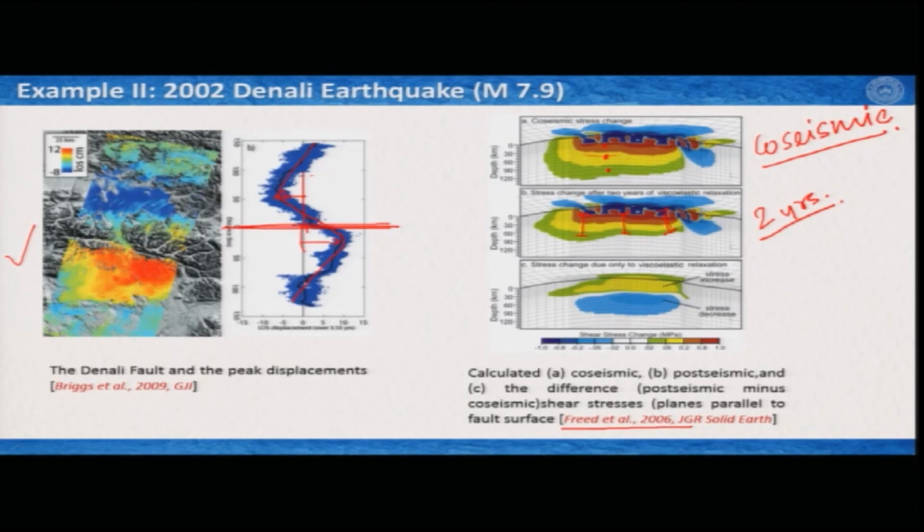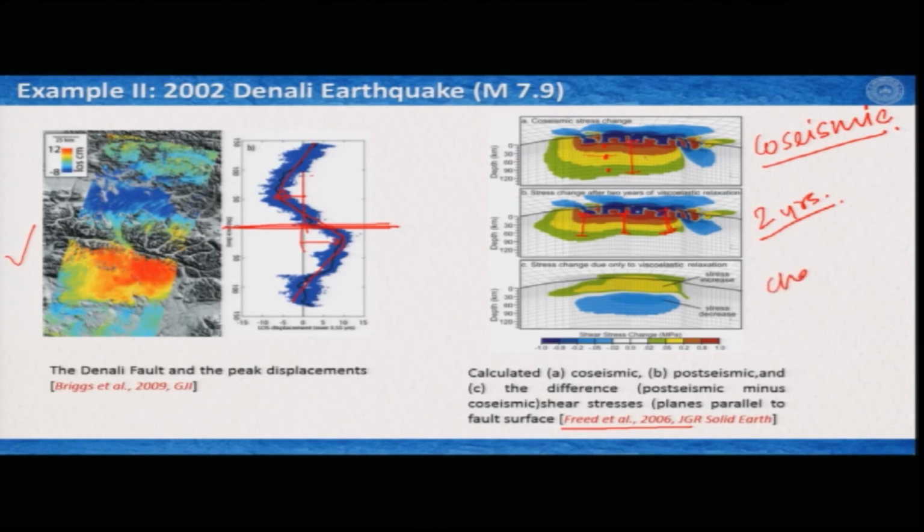So, what you can see here is that if I consider this affected area or affected depth, it has reduced from the co-seismic time to the next 2 years. And this third is showing the change of stress.